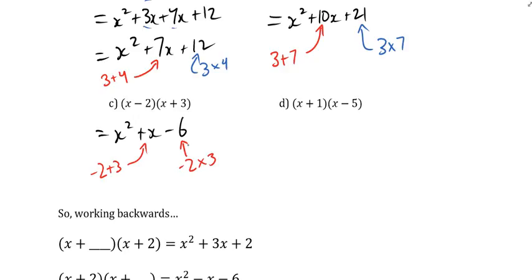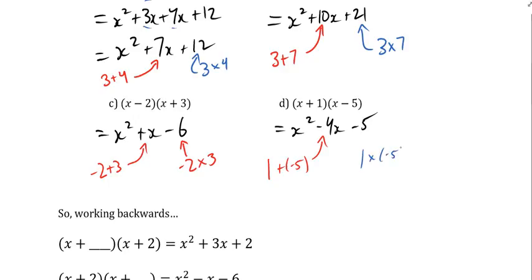Very good. Who wants to do that last one? Tara. Minus 4x minus 5. So once again, this is 1 plus negative 5, and this is 1 times negative 5.